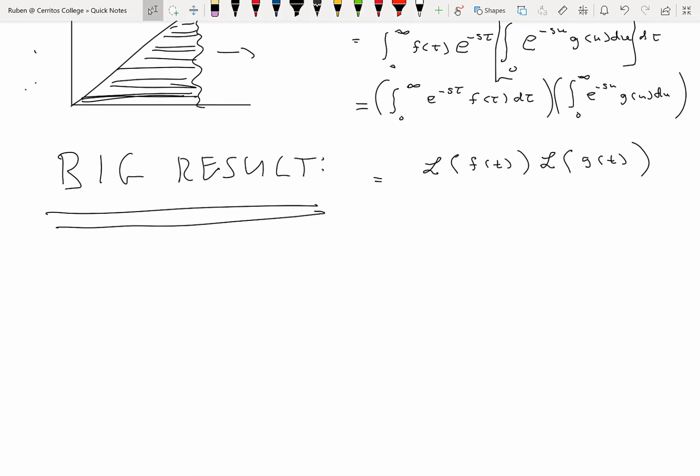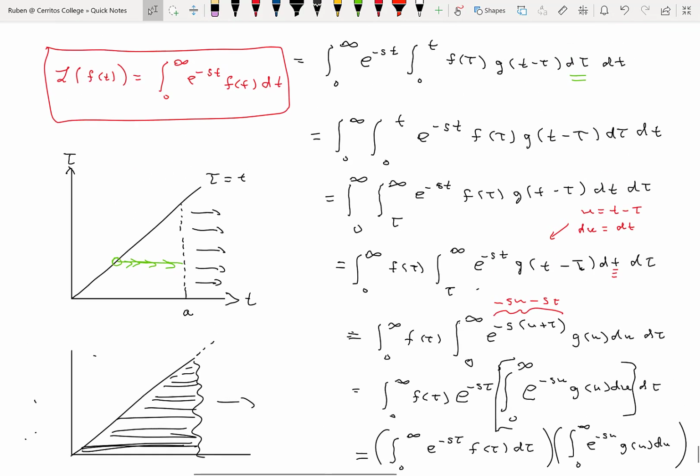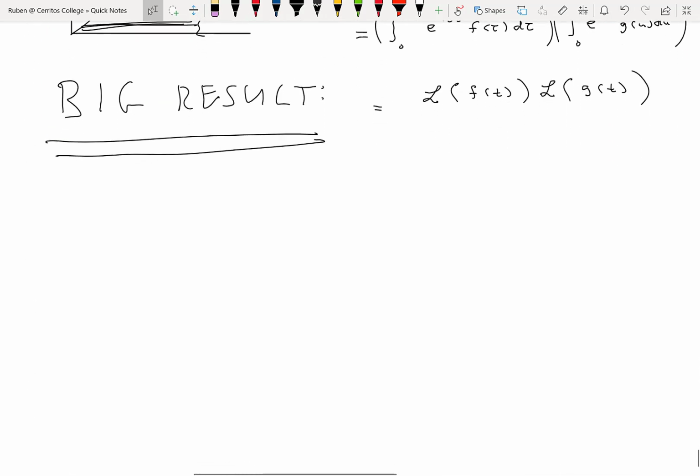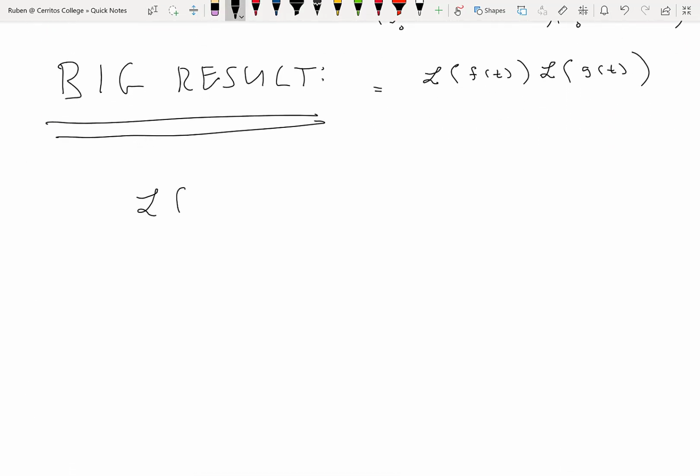So let me consolidate the net result of this derivation. I was looking at, to begin with, the Laplace transform of f star g. So the big result is the Laplace transform of f of t convolved with, or star, or convoluted with, if you want to use that language, is the Laplace transform of f of t times, regular times, the Laplace transform of g of t.